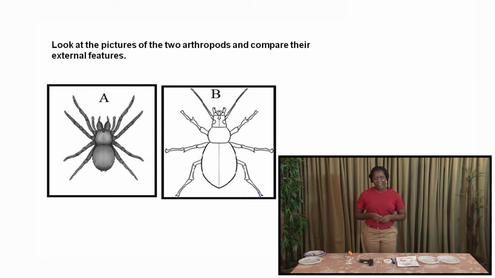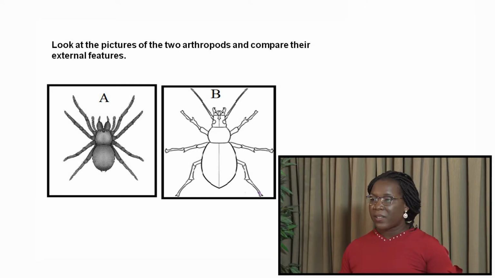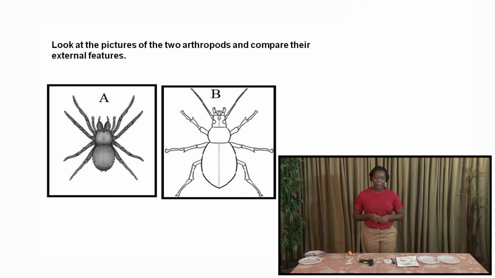Very good. 2 segments. The body of B is divided into something segments. How many segments? Very good. 3 segments. Which group of arthropods would A be classified into? Very good. A is an arachnid and B is an insect.